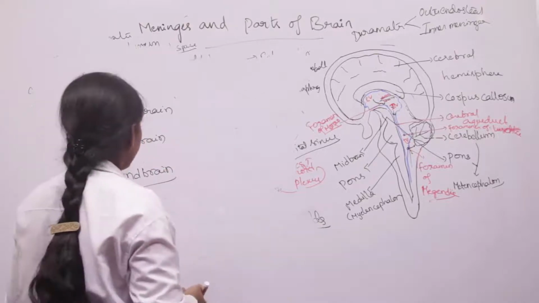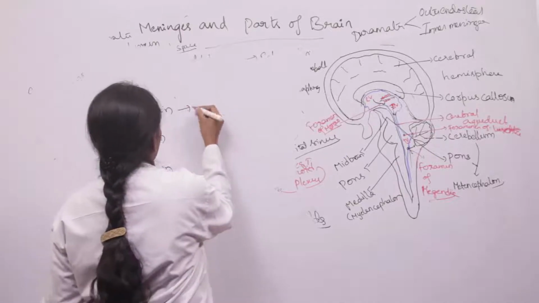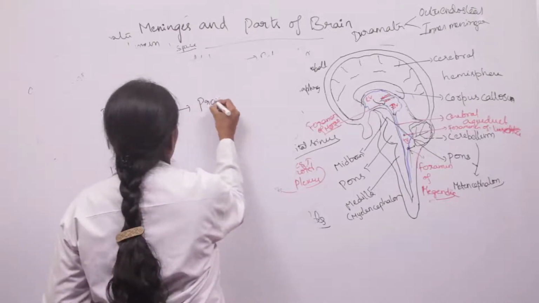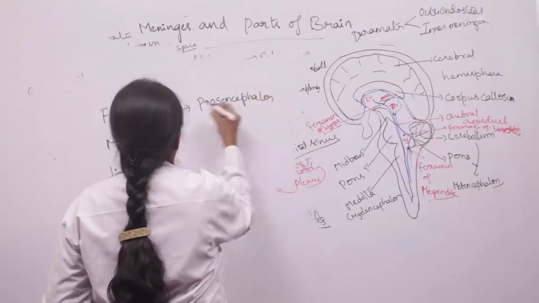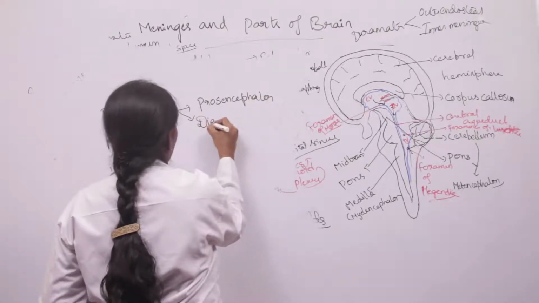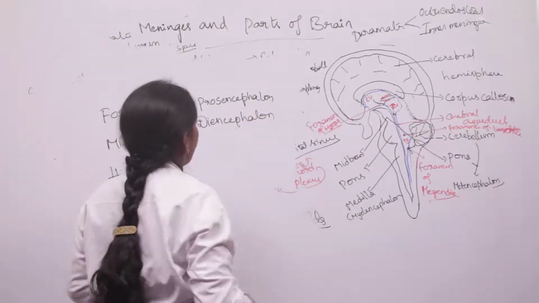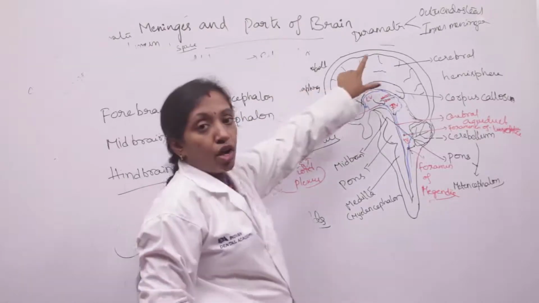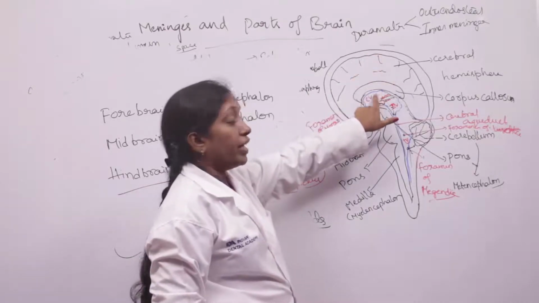Okay, so coming to the forebrain. Forebrain consists of prosencephalon and diencephalon. In the prosencephalon we have the two cerebral hemispheres, and the part in front of the interventricular foramen.